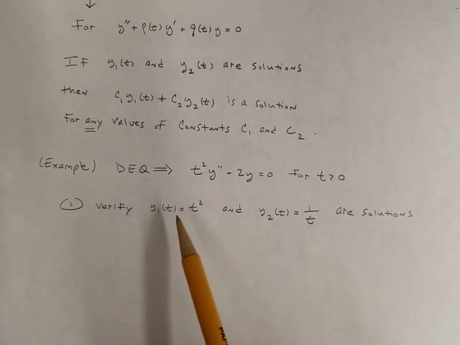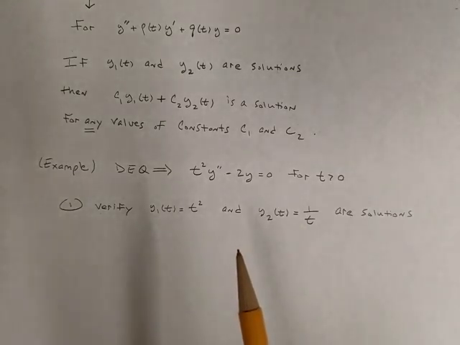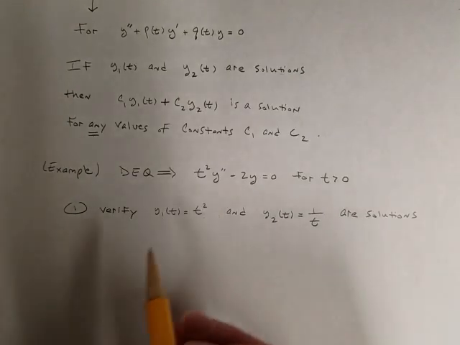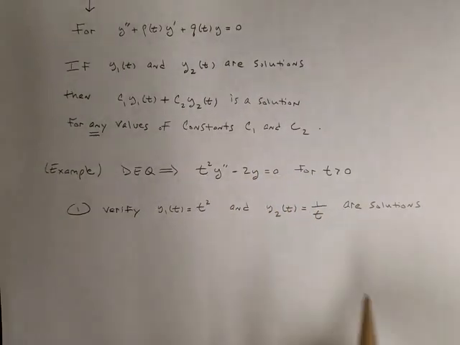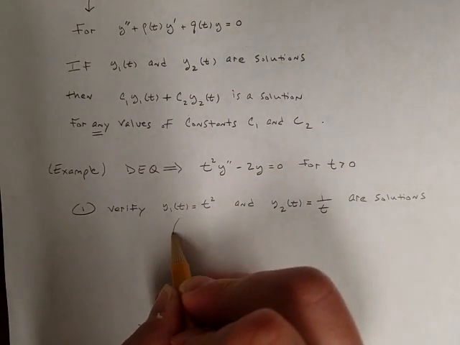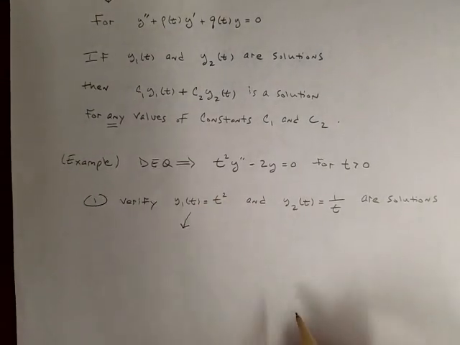Let's verify that these work. In other words, do these really work up there in the way that it is? Well, since say we don't know how to solve that yet, there's only one way to find out. So let's take this one and work with it and see if it actually is an answer to that.